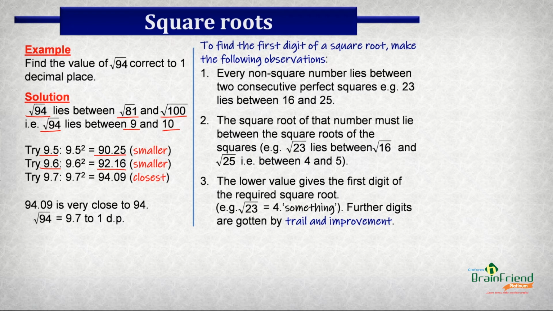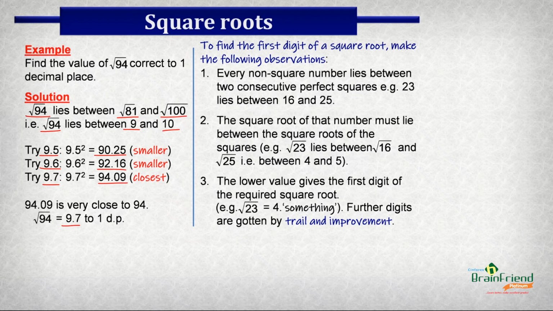Again, 9.7. 9.7 multiplied by 9.7 gives us 94.09. This is a very close answer. So, because we are asked to find out our result correct to one decimal place, we can safely say that 9.7 is the solution to this problem.